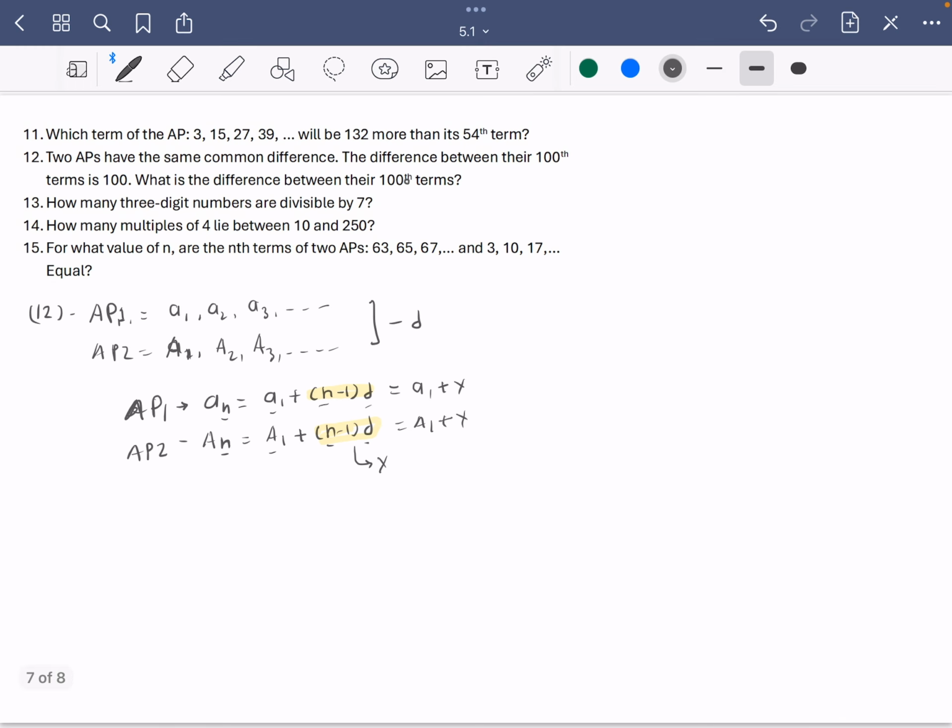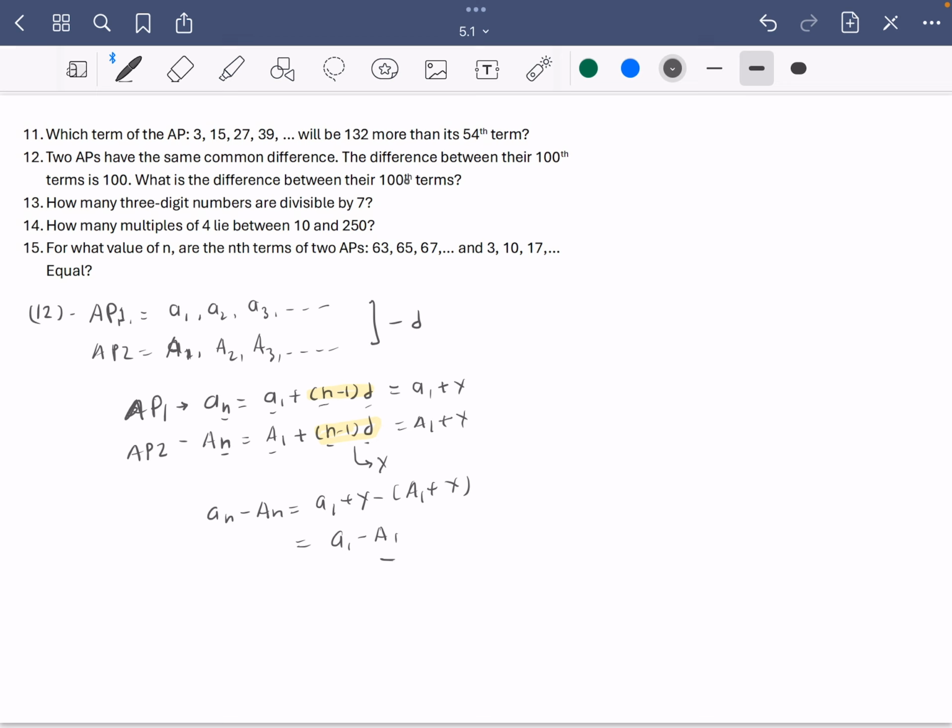So you can find out the difference of the nth term, lowercase a n minus uppercase A n, which is going to be a1 plus x minus A1 plus x, which is going to be a1 minus A1. The x will cancel each other out. So you can take any term in this AP, and the difference between the nth term or the same term for both the APs is going to be the difference between their first terms.